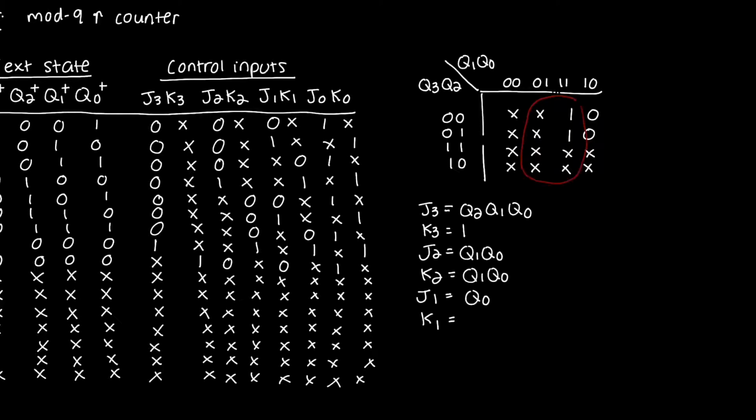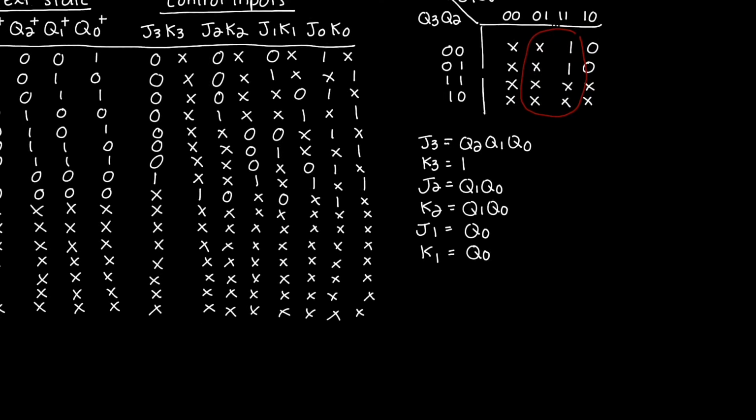I've got this same grouping over here, and that gives me K1 equal to Q0. I'm not going to do the K-maps for J0 and K0, because I can see right away, looking at the corresponding columns, that their values are either 1 or don't care. That makes the expression pretty simple: they're both high.